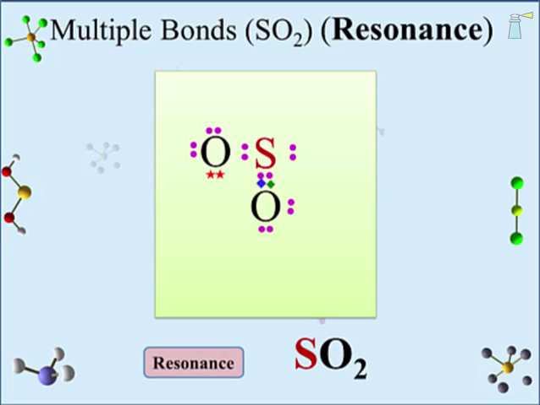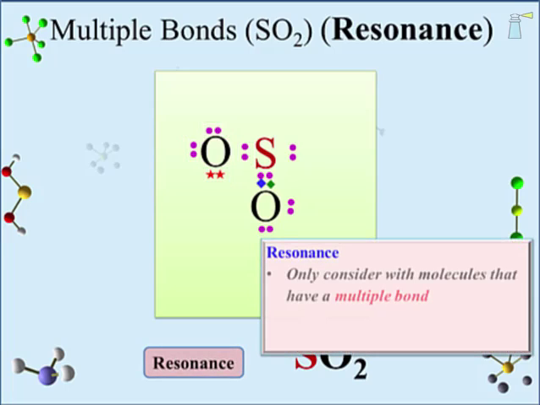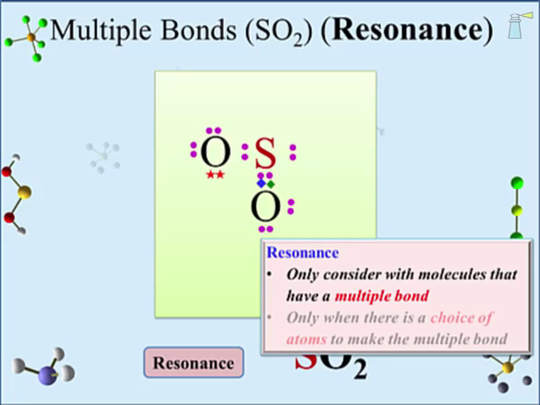Check for resonance. Is there a multiple bond? Yes, there is a double bond. Is there a choice as to where that double bond is? We put the double bond between this oxygen and the sulfur, but we could have just as easily put the double bond between this oxygen and the sulfur.